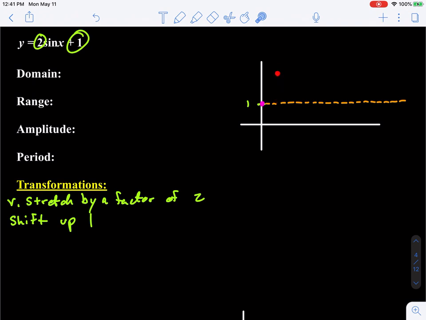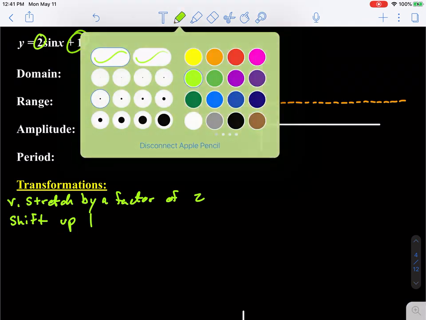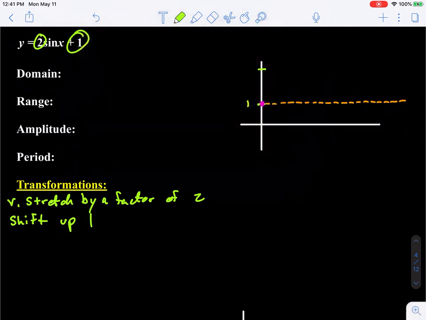So that distance here is going to be 2. That also tells us that our graph is going to go up to positive 3. And if you go down 2, that's going to put you at negative 1. So the distance here is 2, and the distance this way is 2.